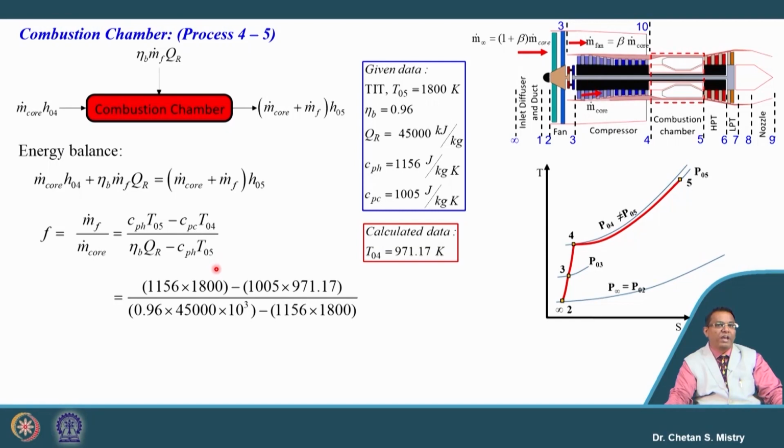That H05 and H04 we are writing in terms of Cp. Be careful, for the hot gas Cp is given as 1156 joule per kg Kelvin. Similarly, for the air it is 1005 joule per kg Kelvin. So, let us put in these numbers. It says my fuel air ratio is coming 0.0269.